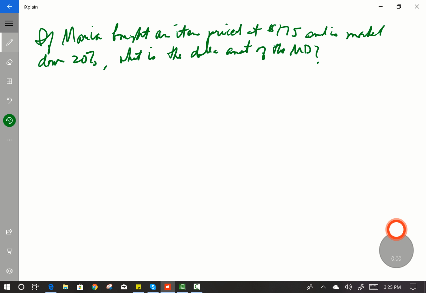Okay, this one, instead of taking it times the complement of 20%, we're just going to find out what 20% of $175 is. And so that's 175 times 0.2. And that's going to give you markdown dollars of $35. Okay, this concludes Chapter 8.